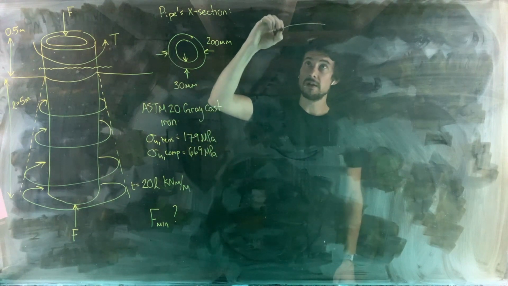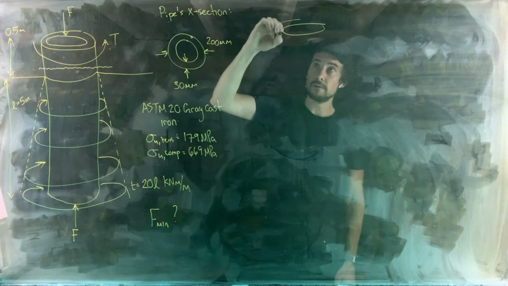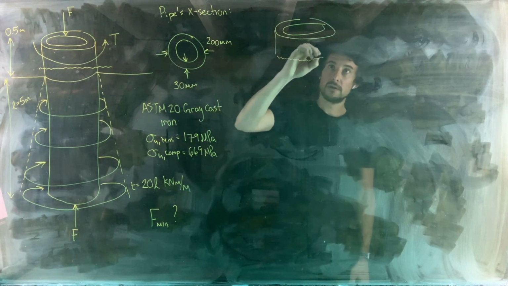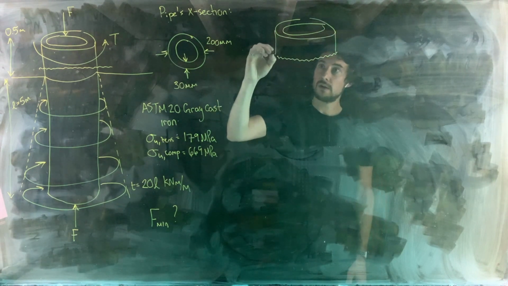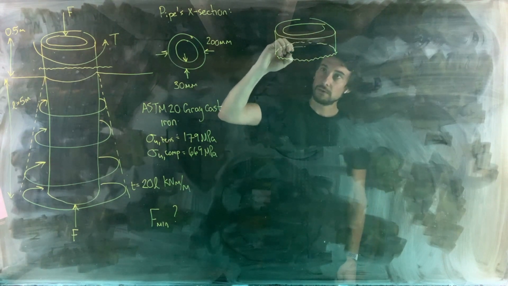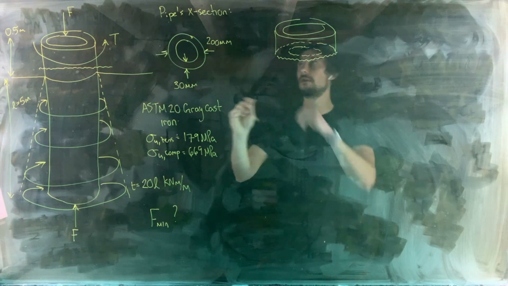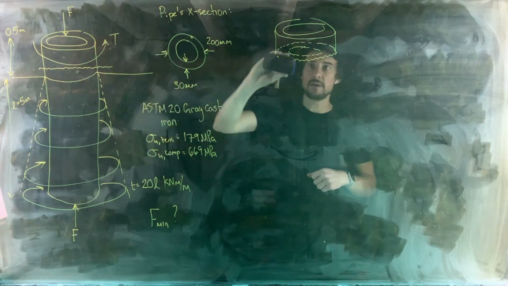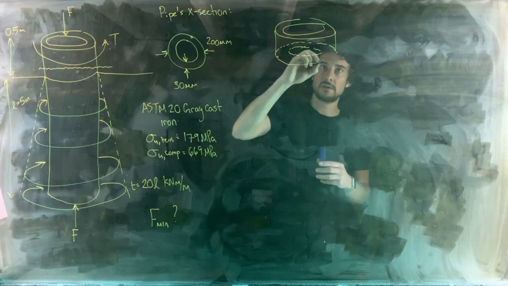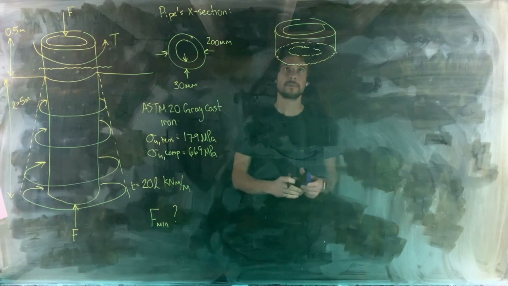So we've got something then that looks like this, where here's our, then I'll draw the rest of the cross section like that, and it would be nice if that was a bit closer to circular. There we go, that's better.